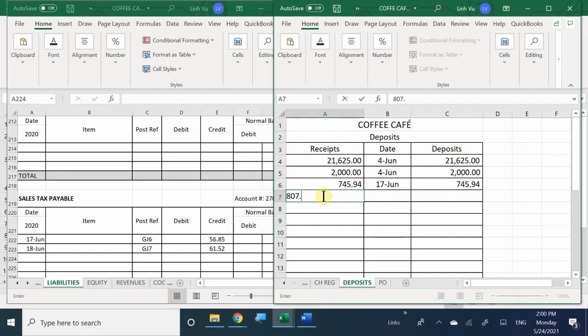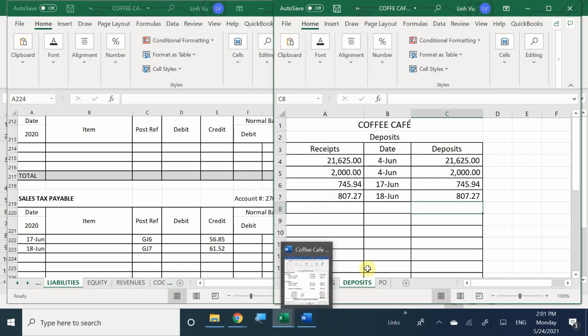Good. And since I usually tell you the sales are totaled up at the end of the day, we're going to deposit that very same day, for 807.27.